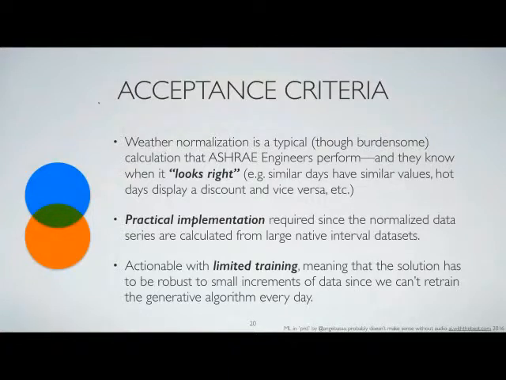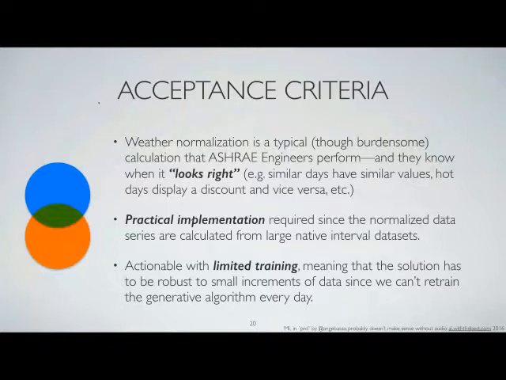Similar days are supposed to have similar values. Hot days are supposed to display a discount versus cold days. They have these heuristics already. So it was very important that whenever we showed something, this novel model that we had did not cause anybody with 30 years of experience looking at what this looks like to recoil.